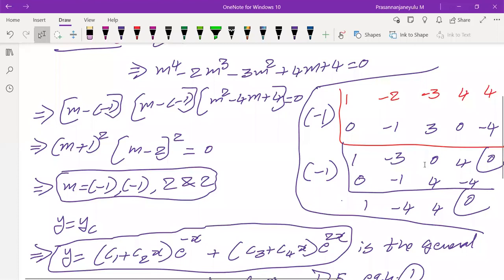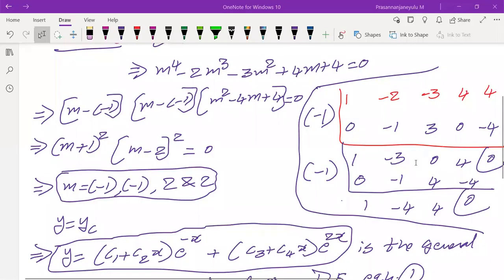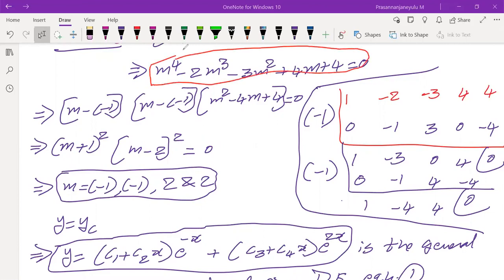After clicking on polynomial, what is it asking? It will ask the degree. When it asks the degree, what is the degree of this polynomial equation here? m power 4 minus 2m cube minus 3m square plus 4m plus 4 equals 0. So 4 is the degree. Choose 4.